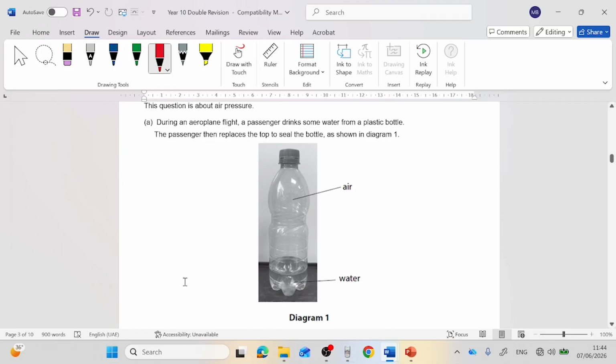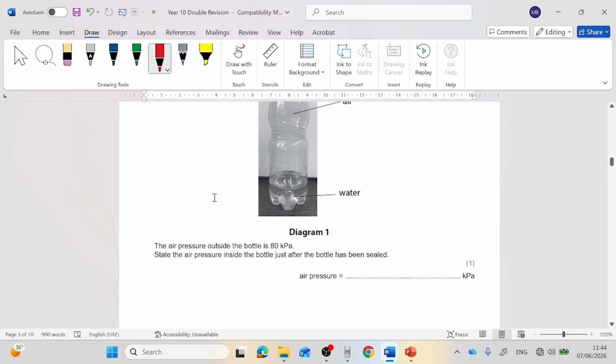So, for this question, during an aeroplane flight, a passenger drinks some water from a plastic bottle. The passenger then replaces the top to seal the bottle, as shown in diagram 1. The air pressure outside the bottle, you know that pressure is a scalar physical quantity and it acts in all directions.